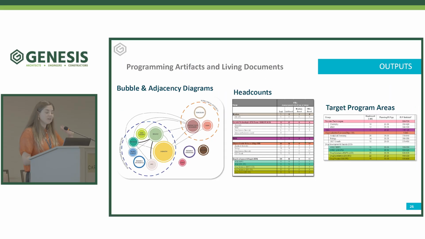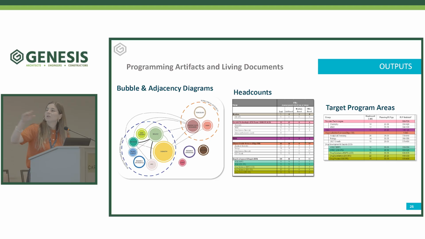Before we end, I just want to go over what the outputs from a successful programming phase look like, or what are some of the documents and the programming artifacts and living documents that we can expect here. So I refer to them both as artifacts and living documents because some of these documents capture decisions made and clearly convey the data collected, but as a static record of the programming decisions, and inform the next phase of layout development.